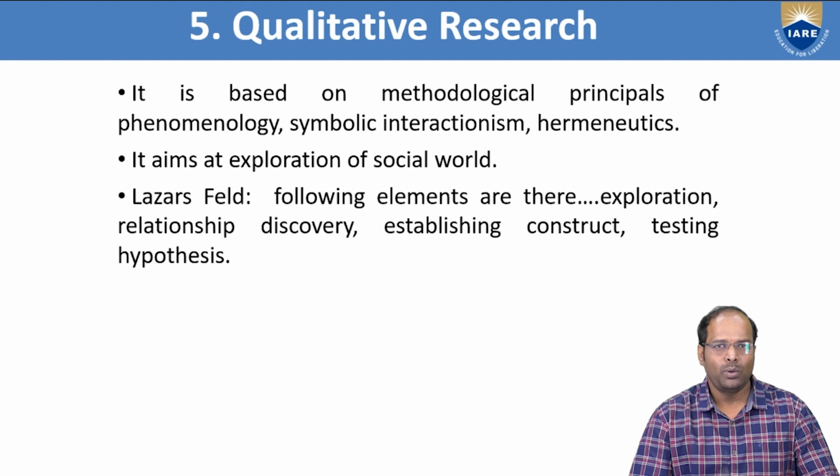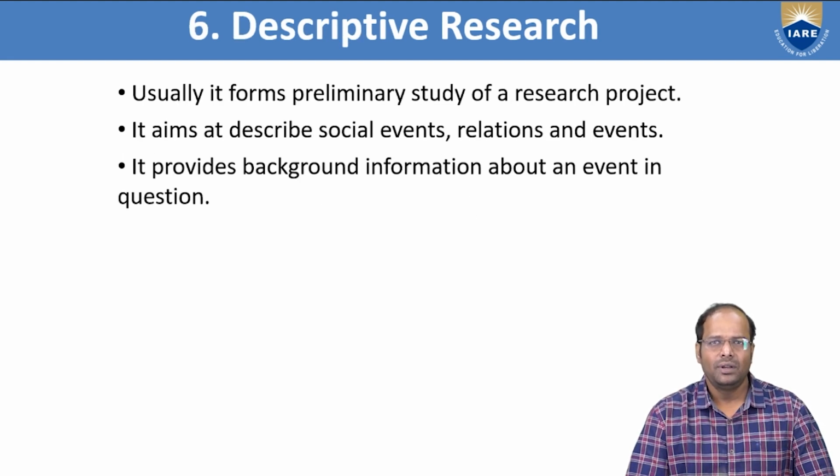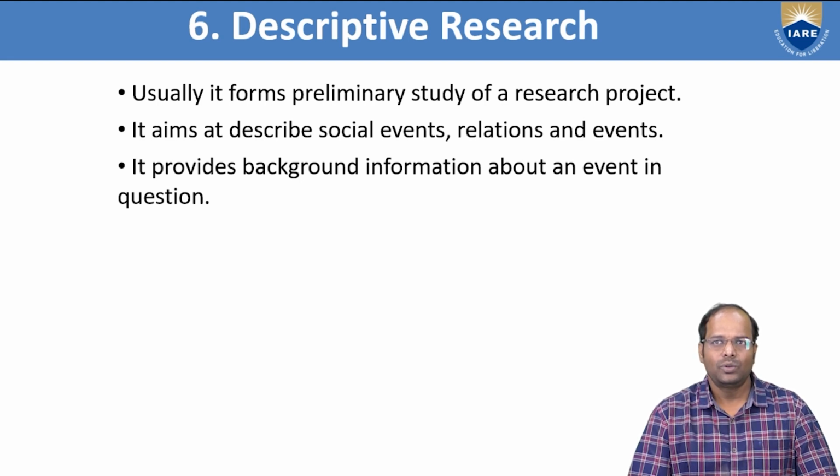It aims at exploration of the social world, and the following elements are there: exploration of a relationship, discovery, establishing constructs, testing hypotheses are some examples of qualitative research. And descriptive research usually forms a preliminary study of a research project. It aims at describing social events and relations. It provides background information about an event in question.